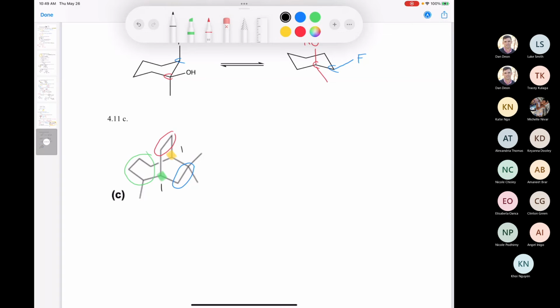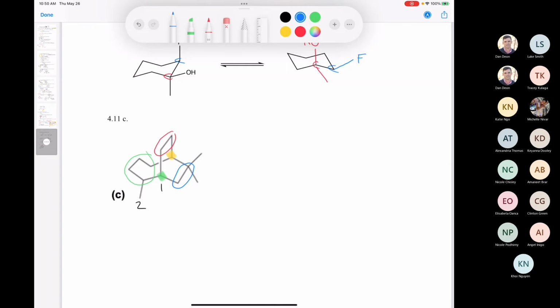Remember, I have to go to the green ring first, because I always want to start with the longest bridge. So that means I would have to start at the green carbon, right? Because if I start at the green carbon, then I give the first substituent the number 2.